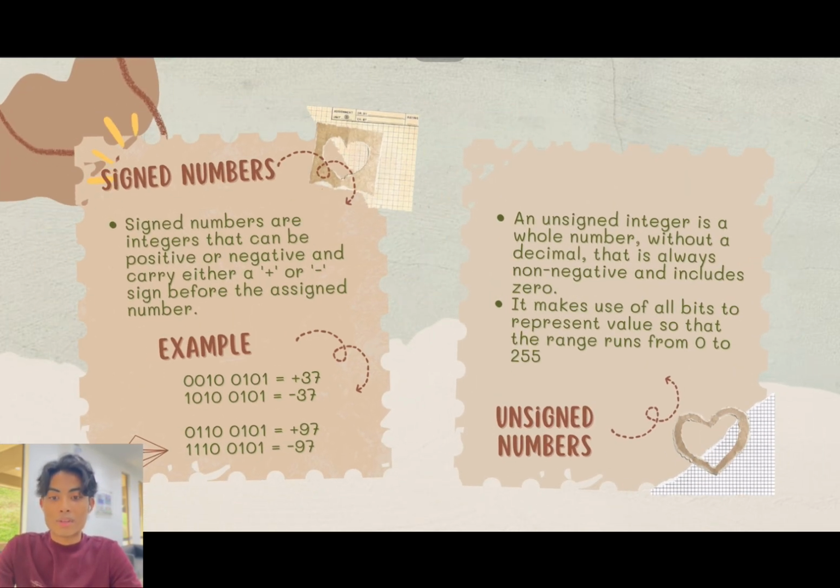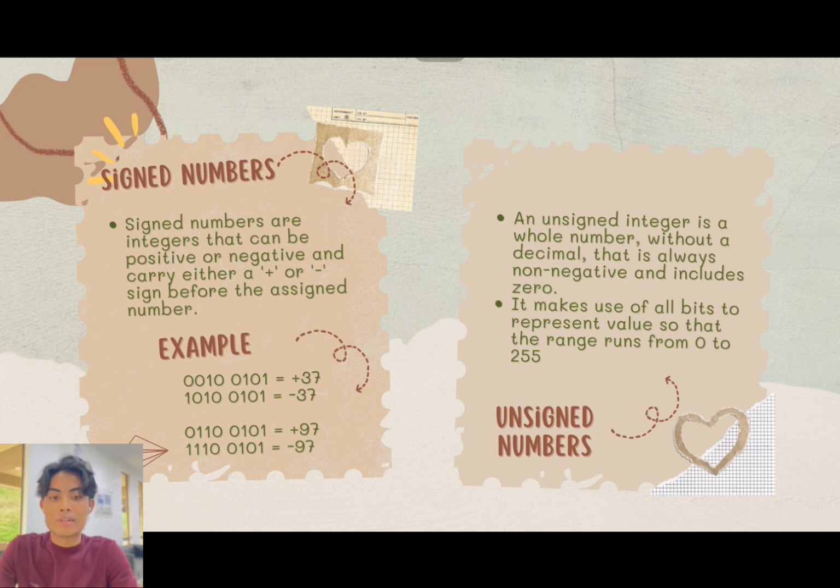Right, I will be explaining signed and also unsigned numbers. So first one, signed numbers. Signed numbers are integers that can be positive or negative, and they carry either a positive or negative sign before the number. For unsigned numbers, an unsigned integer is a whole number without a decimal that is always non-negative.